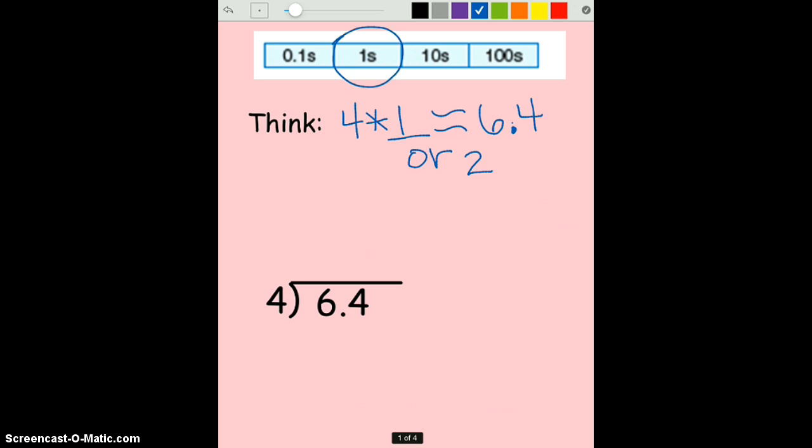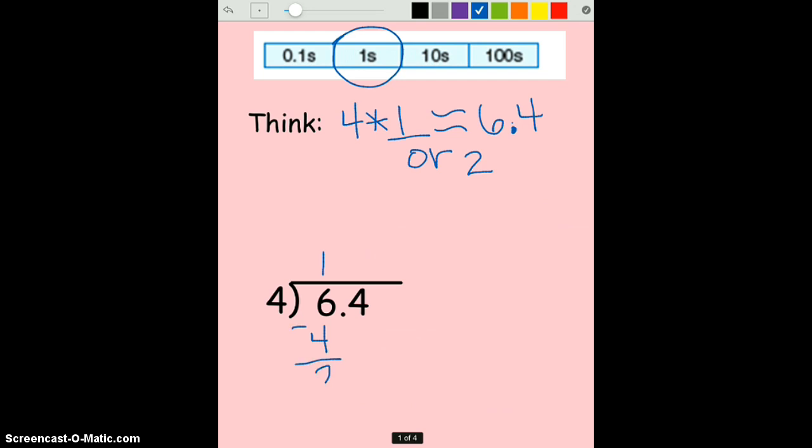So now we're going to come down and we're going to do the problem, 6 and 4 tenths divided by 4. And again, you can push pause as we're doing it, and then you can do it on your paper and check and see if what you have matches what Mrs. Kelzer has. So how many 4s can you make out of 6? 1. 4 times 1 is 4.